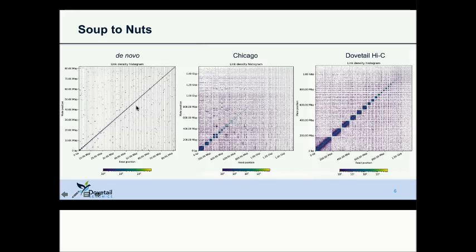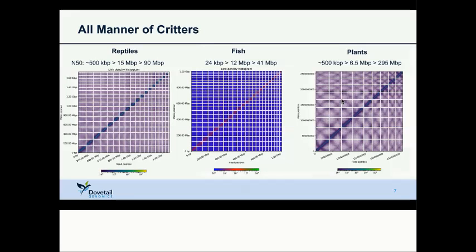So in this case, we went from tiny little shotgun contigs and scaffolds over here, improved those to a nice starting place for the Hi-C library using the Chicago data here, and then got those up to full chromosomes by adding the Hi-C data over here. And this was all done in, I believe, 8 weeks. So not only very nice, high-quality assembly, but also very quick. So that's an example of the whole process for us with a bird.